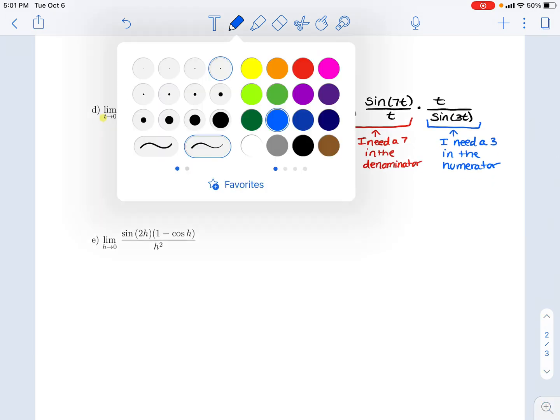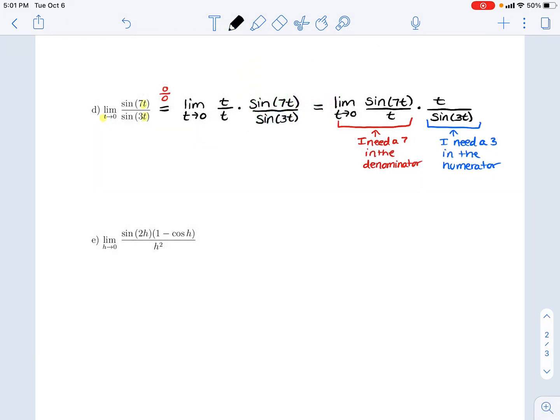Okay. So how am I going to make these things magically appear? Well, I'd love to multiply this by 3/7. But I can't do that, right? That's going to change the limit. That wouldn't be equal to each other if I just magically multiplied this thing by 3/7.